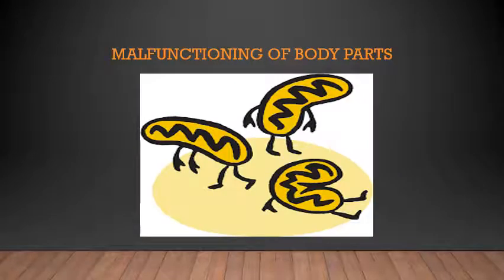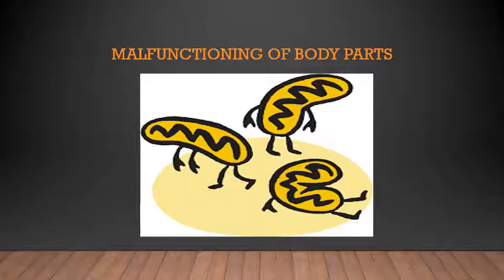Then malfunctioning of body parts. Sometimes, due to aging, some body parts might stop working properly. For example, the pancreas inside our body is responsible for controlling the sugar level in our body. Malfunction of a body part means that when the pancreas stops working, it doesn't balance the sugar amount in our body.